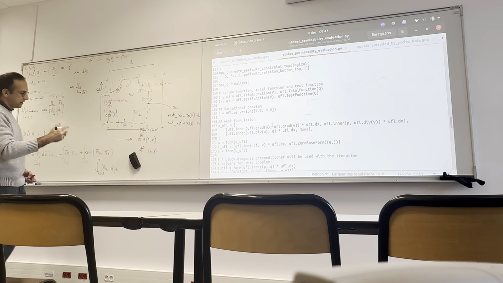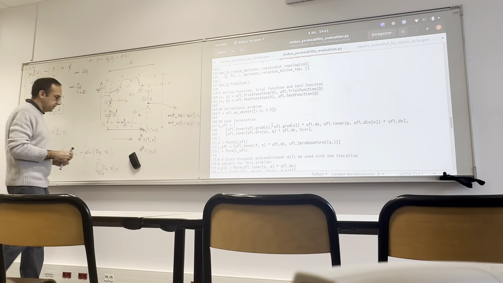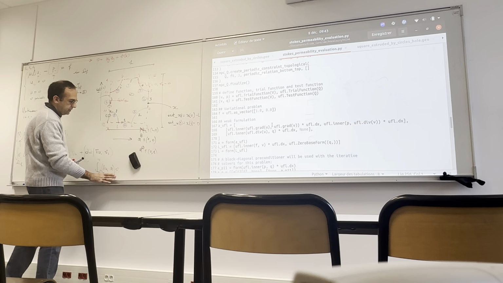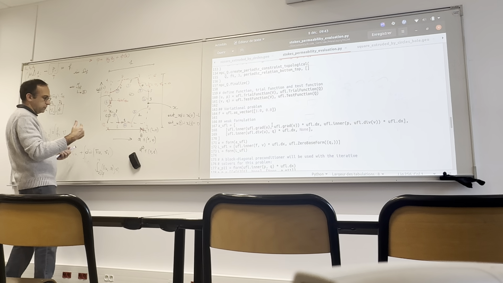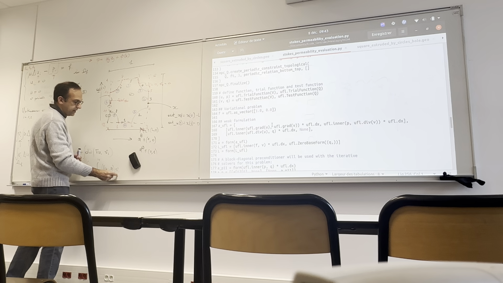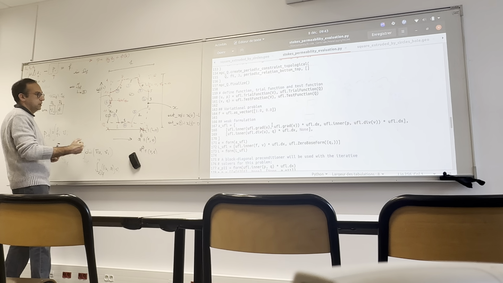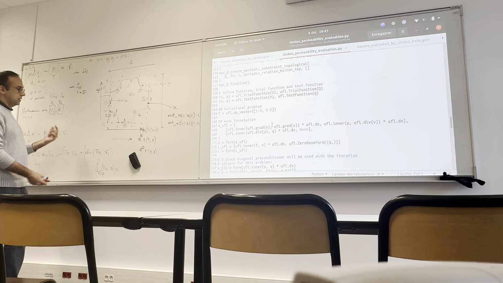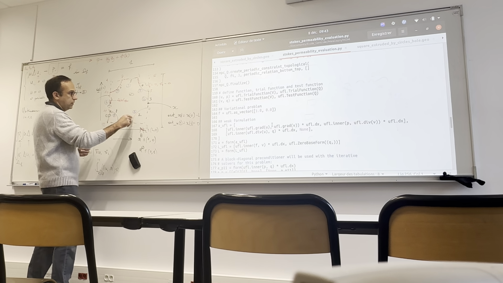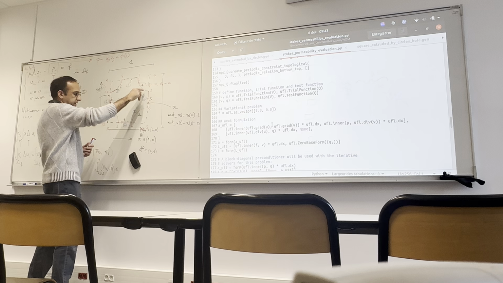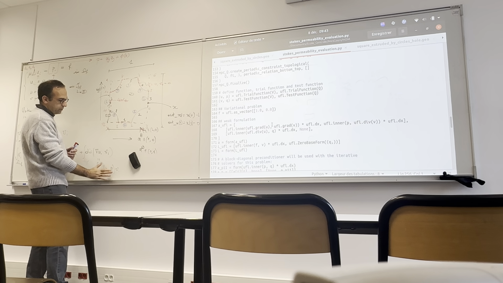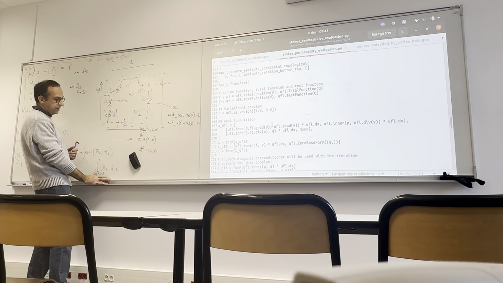So if you remember, we said plenty of times that this part goes to 0 because the v_i are test functions verifying the same Dirichlet boundary conditions as the u_i, so they are 0 on the fifth part. So that part does not contribute to this integral.